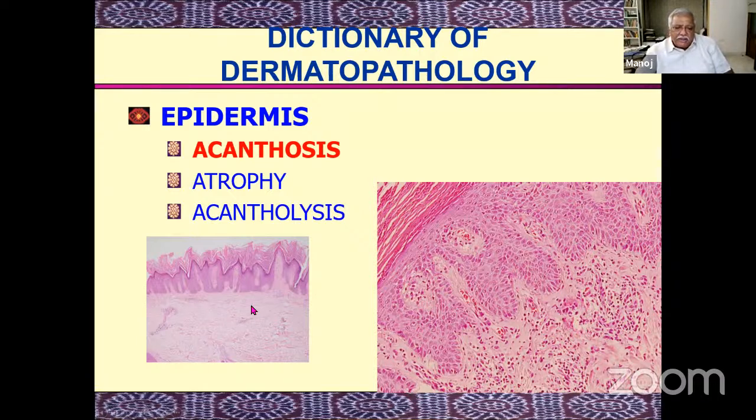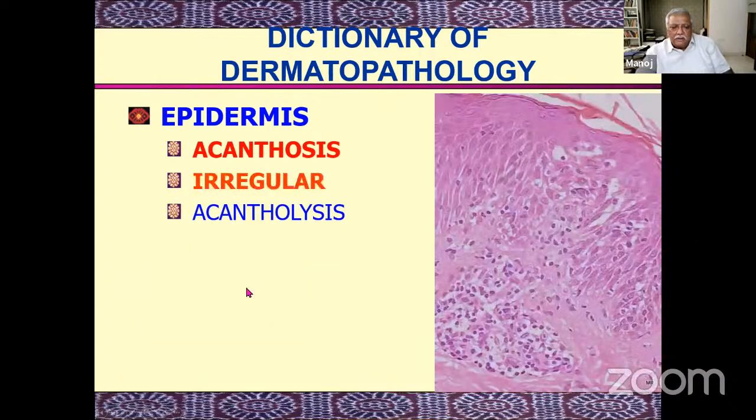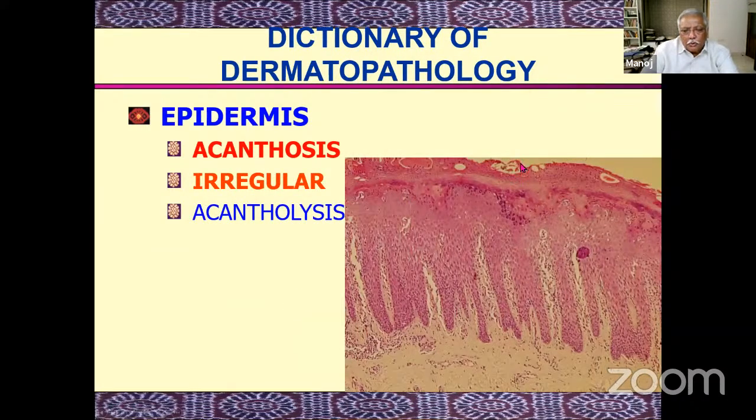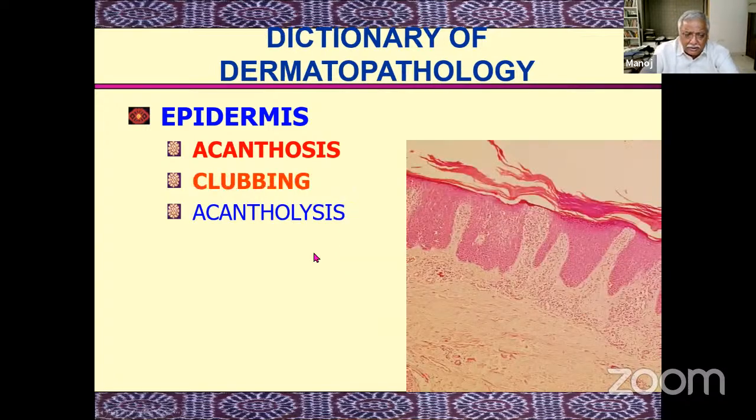A very interesting morphological feature or a type of acanthosis is this one. Okay. Here you can make out this is regular. Here you make out that as opposed to most of these sections which you are seeing, where the keratin layer is flat, whatever is happening is below and above it.